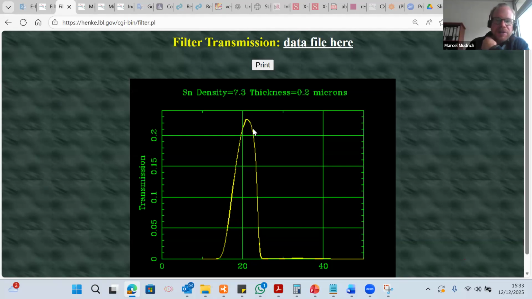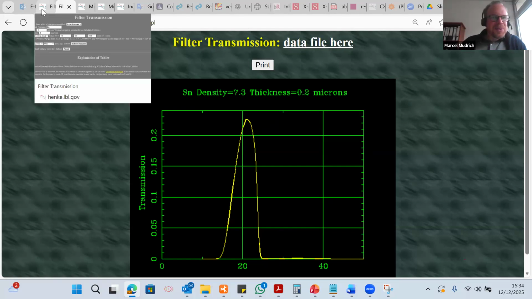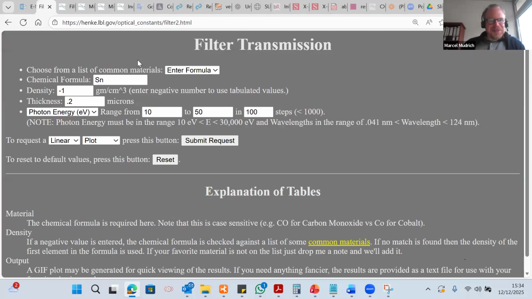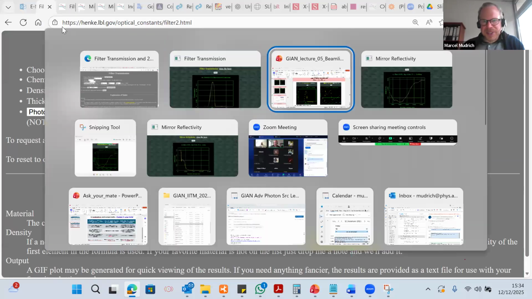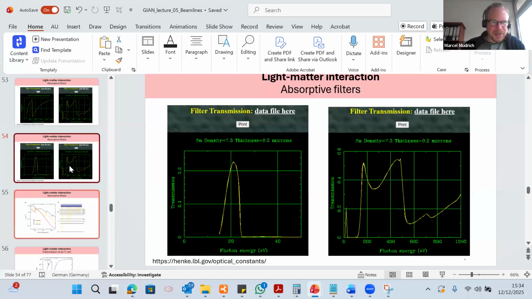That's EUV, that's not X-ray, but still. And it so happens that we are interested in helium, and the lowest excited states of helium are around 20 eV. So this is a nice way to filter out only resonant radiation for helium and get rid of all the rest. So this is one important aspect of this filter transmission if you are interested in EUV experiments, which we traditionally are, a lot.